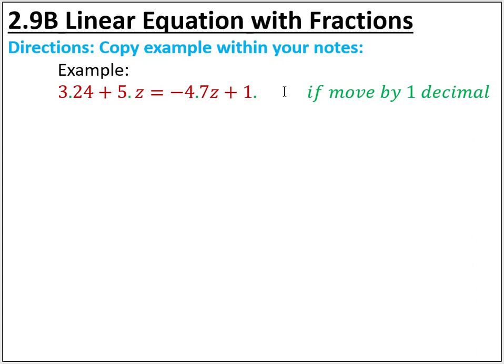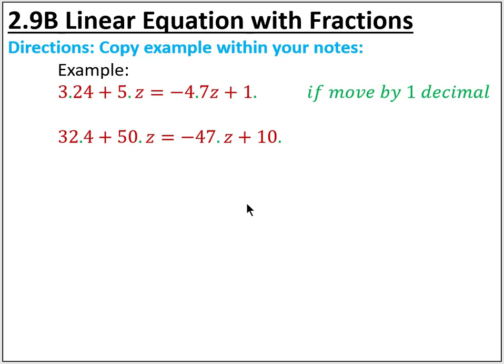So I'm going to show you what happens when we move it 1 time. 3.24 goes to 32.4. The 5 goes from 5 to 50. The 4.7 becomes 47, and the 1 becomes 10.